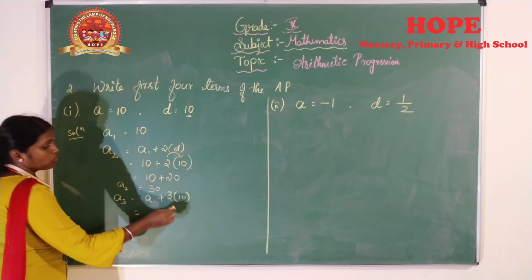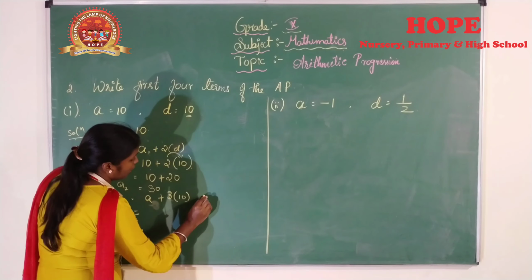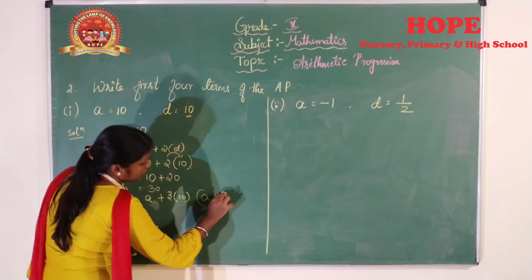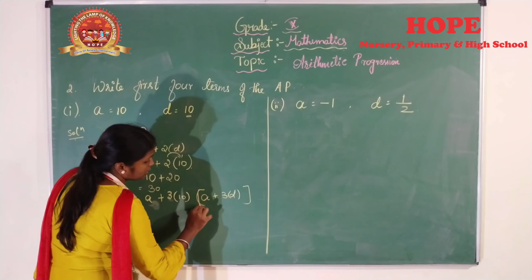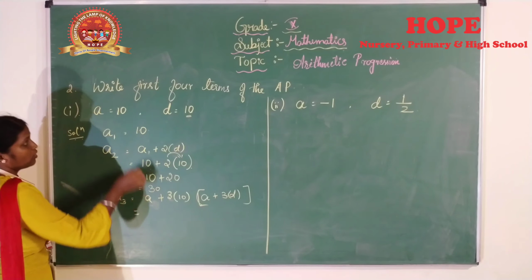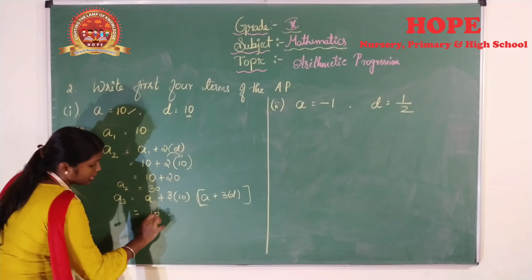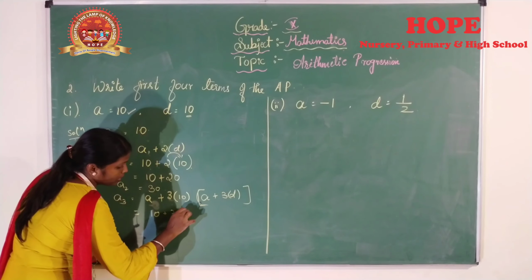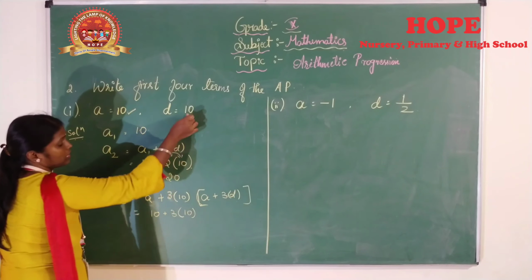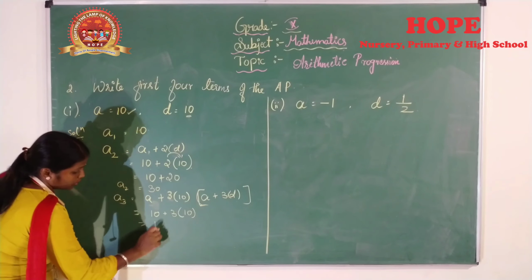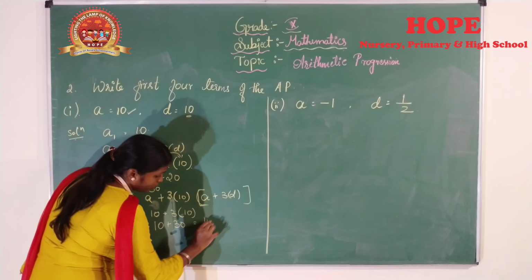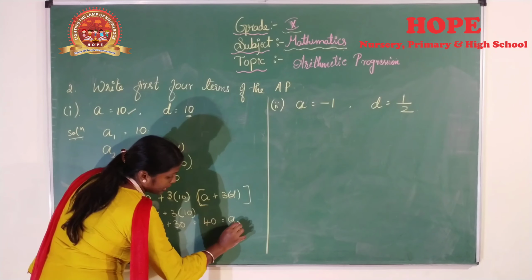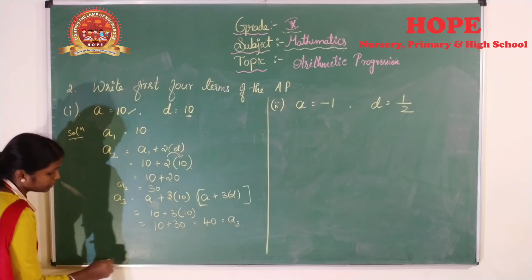That means it goes on like this, A plus 3 into D. What is the value of A? They have given us 10, plus 3 into 10. The value of D is 10, they have given us. So 10 plus 30, which is equal to 40, and that is A3, the third term.